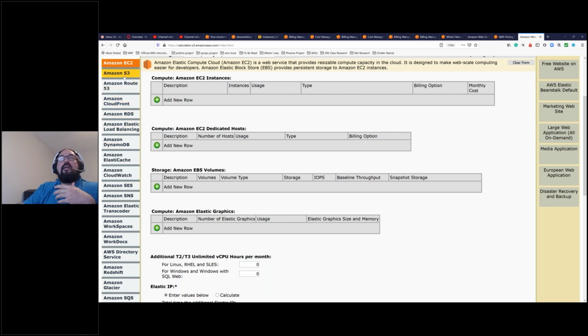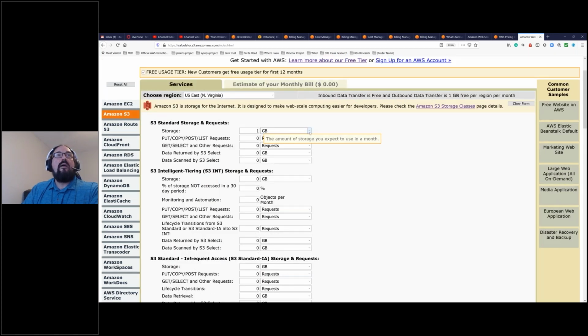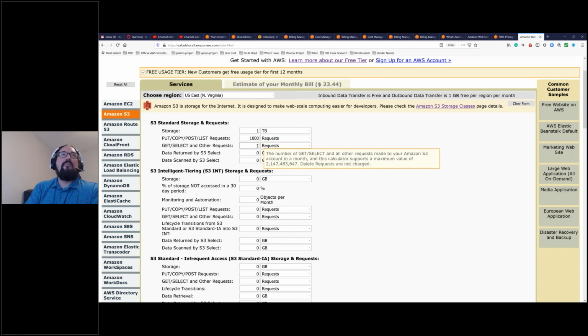Let's say we were on S3, and I wanted to know how much 1 terabyte of storage will cost me if I make, let's say, 1,000 requests, and I've got people on, so it's going to be about 10 times that, like 10,000 reads.